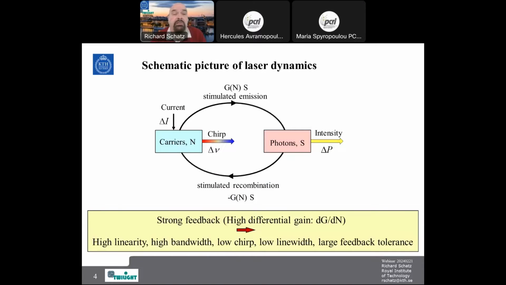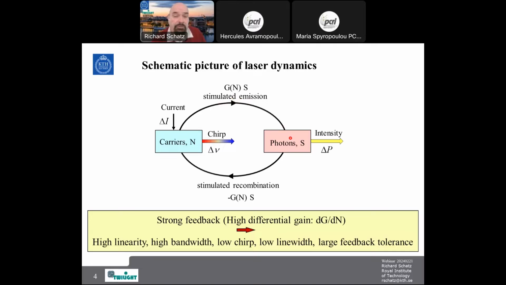When you change the current to the laser quickly, the carrier density in the laser will increase. That will give chirp, because the chirp comes due to the change of the carriers. The increase of the carrier density will then give stimulated emission here, and increase the number of photons in the cavity.